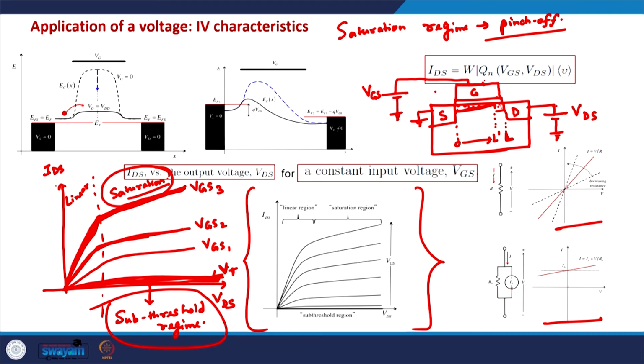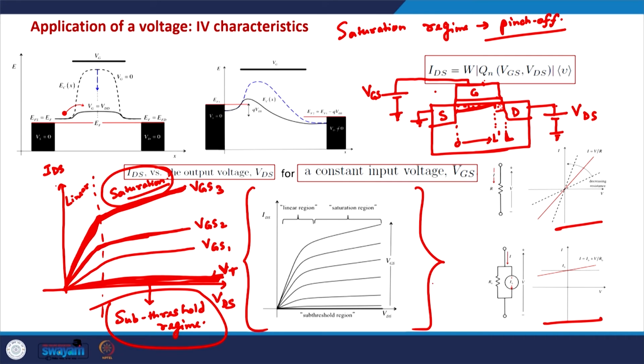Since it is a depletion region, while current is flowing through the MOSFET, any electrons coming from the source side will be quickly taken by the drain terminal because of the electric field in the depletion region.